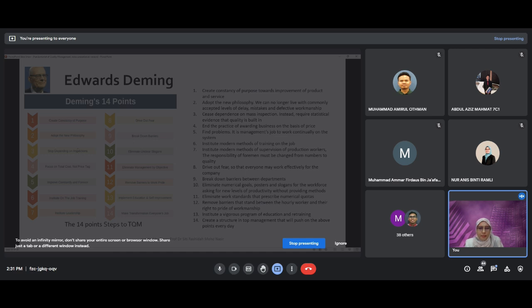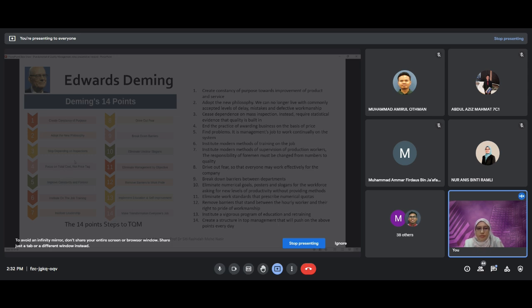stop depending on inspection. It means that instead of depending on the test of inspection, the engineer or the manufacturer may use statistical evidence built into the quality process to analyze the process and how to improve the process if there is any deviation.